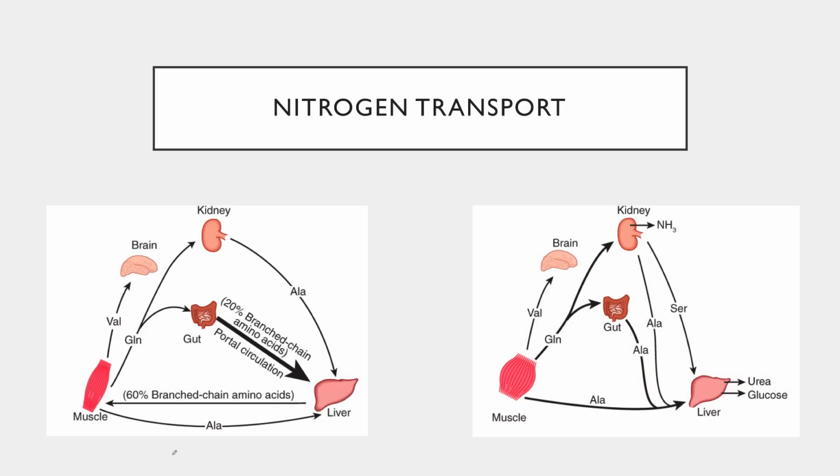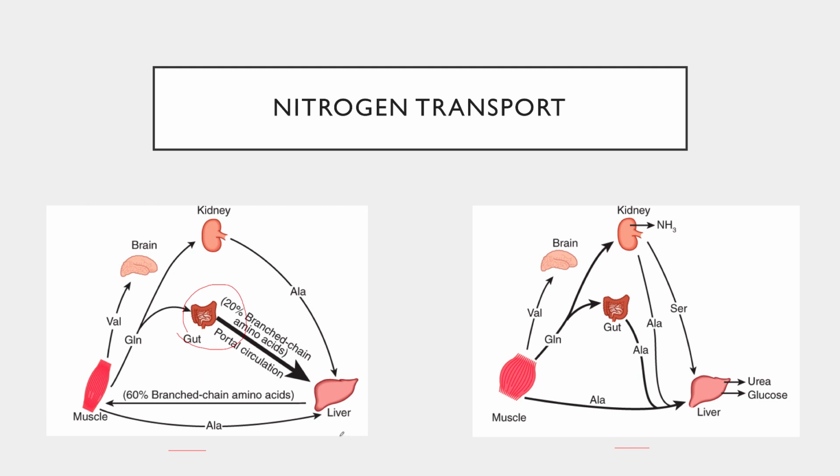So regardless of whether we look at amino acid metabolism in the fed or the fasted state, you can appreciate from these two figures that the amino acid pool is continually in flux and can be influenced by both dietary proteins as well as protein catabolism.